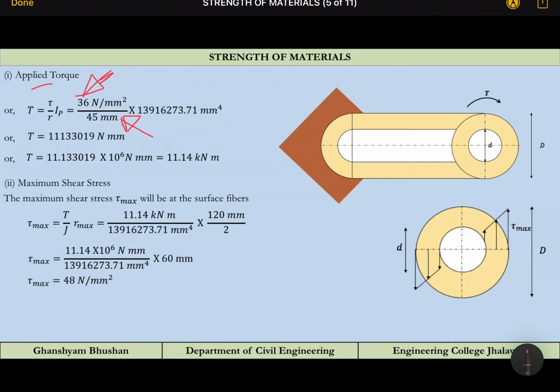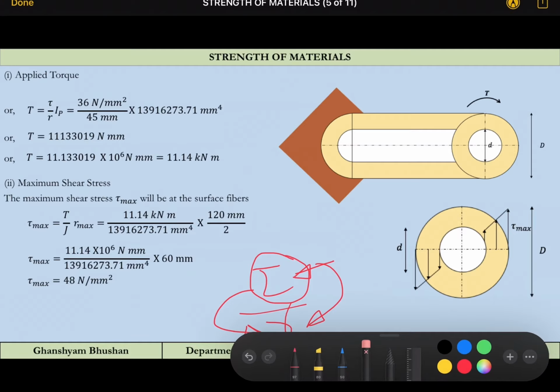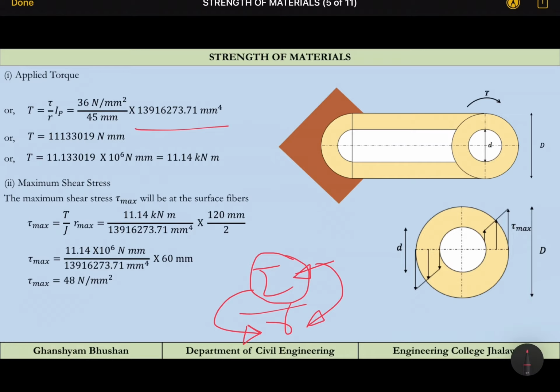Whenever we put tau, we write tau by R, so tau should correspond to this R. The given 36 is for R equal to 45 mm. IP we have already calculated. Putting all the values, we get 11.14 kilonewton meter. So the first part is over.